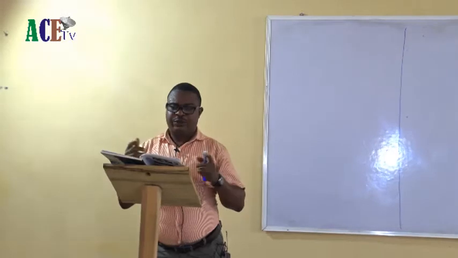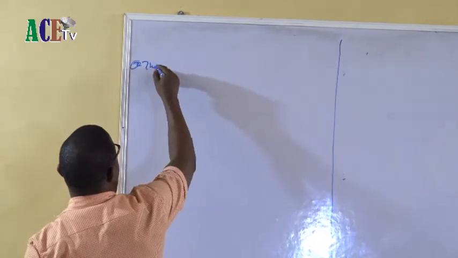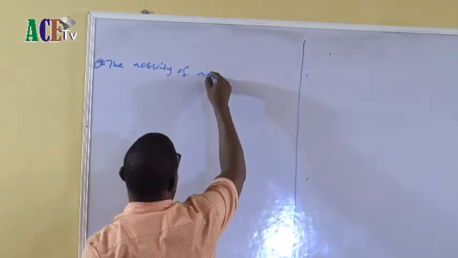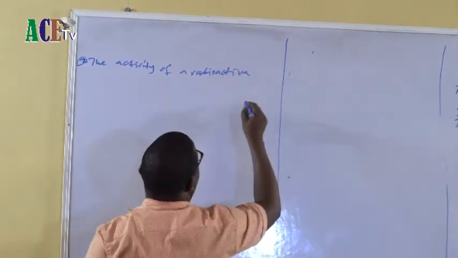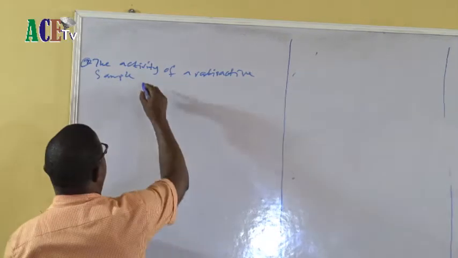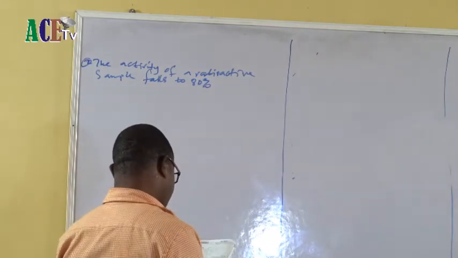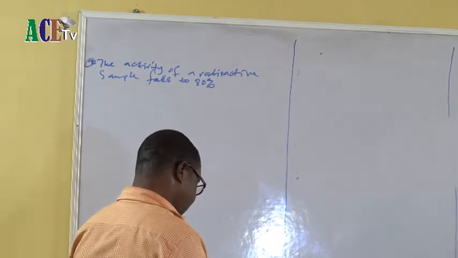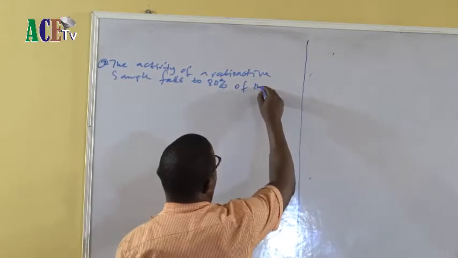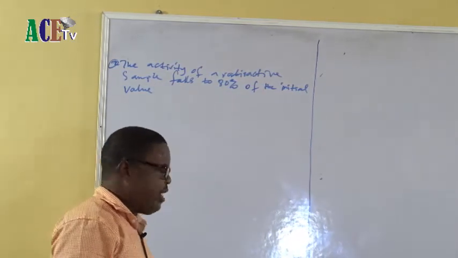Let's see another question. The activity of a radioactive sample falls to 80% of the initial value in 5 years.